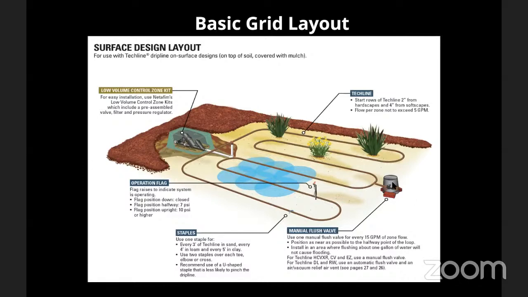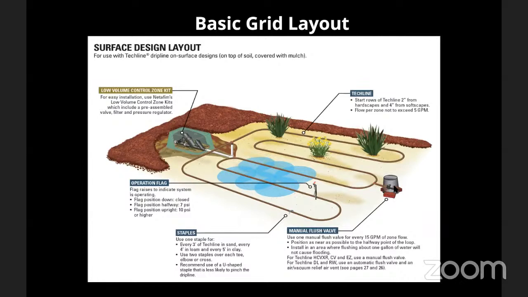And then on the far side, that's where you have that flush valve, that little valve that pushes in. And that just allows you, immediately after installation, or every once in a while, every 6 months or a year, to open it up and turn it on. And if there's any junk or debris that has accumulated in the line, it shoots that out. And there's different ways you can do that.